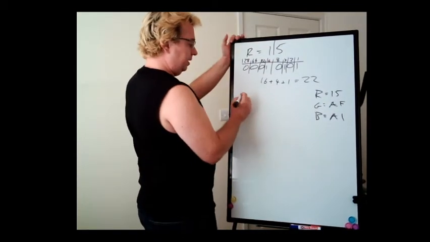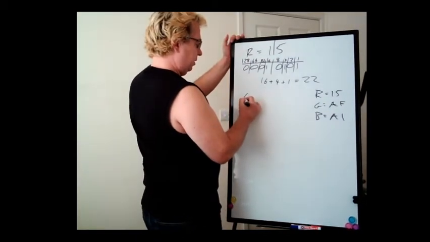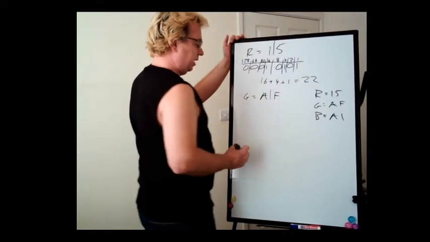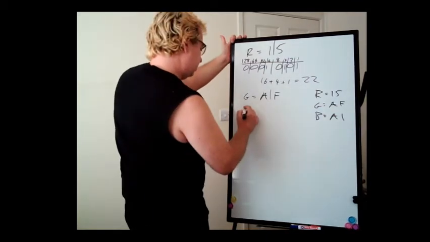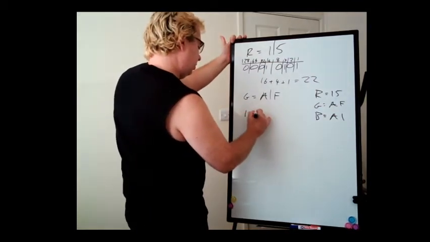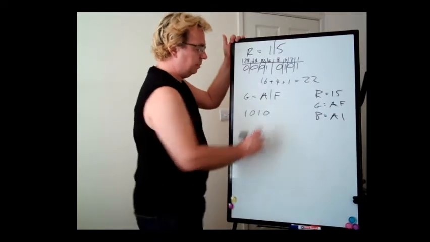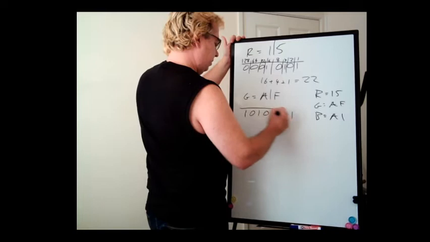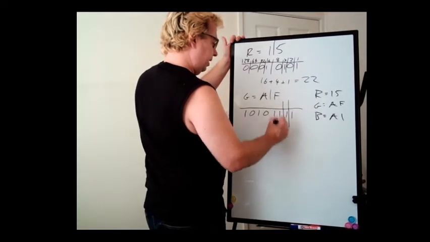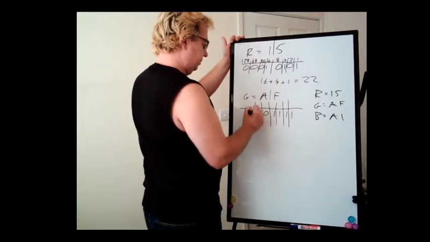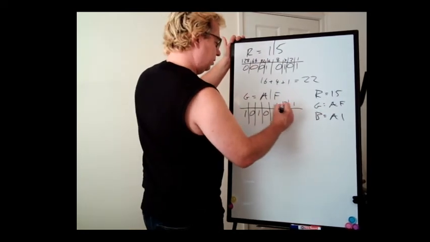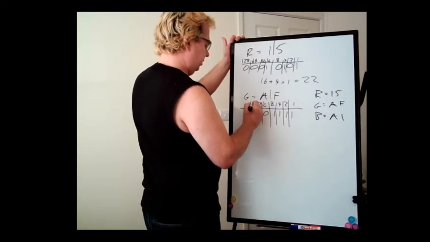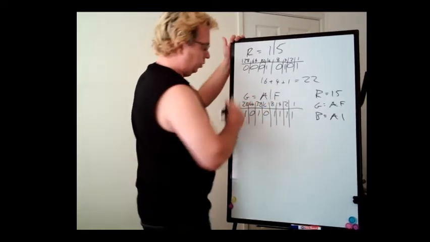Right, G equals AF. So I split that in two. A is 10, so I go 1, 0, 1, 0. F is 15. Then I plug it in as a byte. 1, 2, 4, 8, 16, 32, 64, 128.